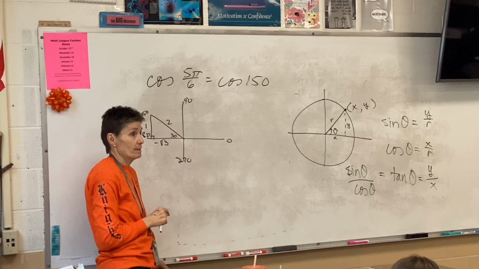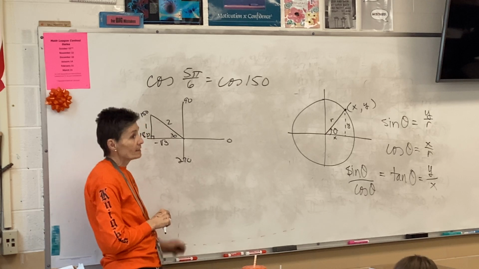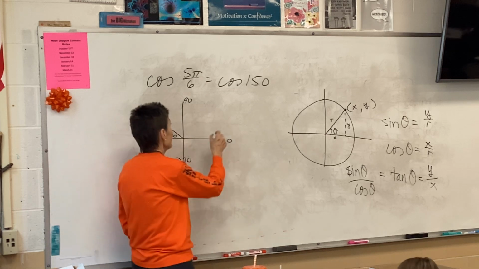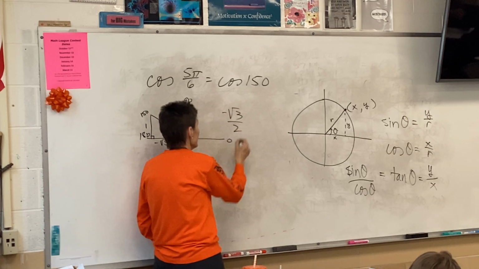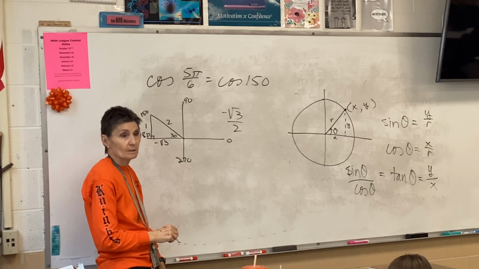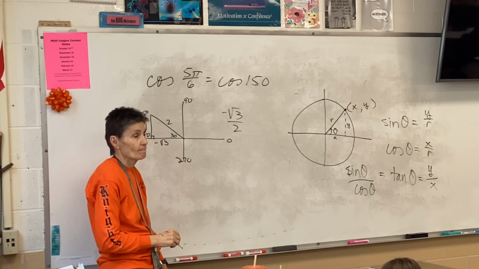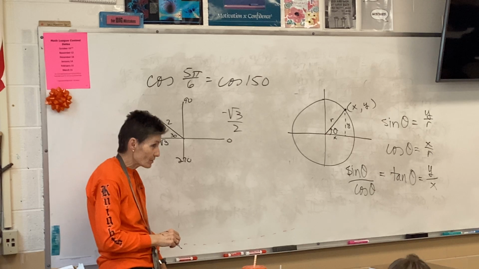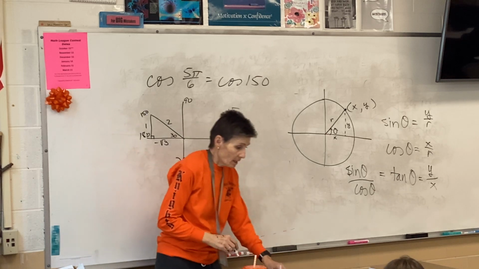I want cosine. Cosine is adjacent over hypotenuse, negative root 3 over 2. Okay? That is not hard. All right.